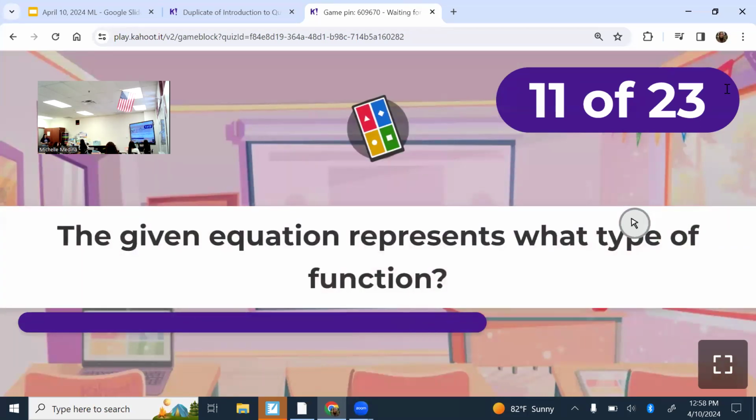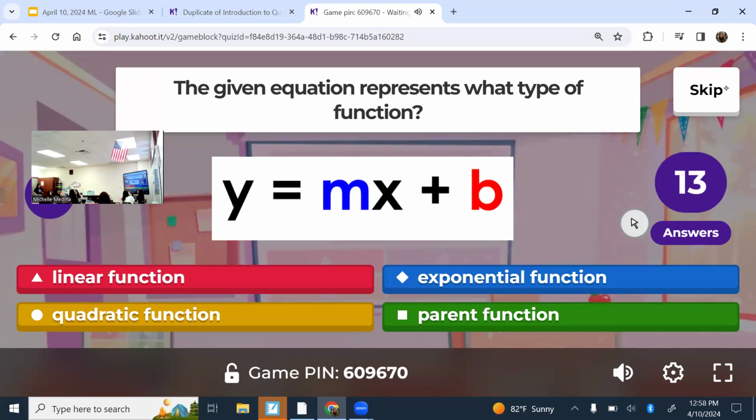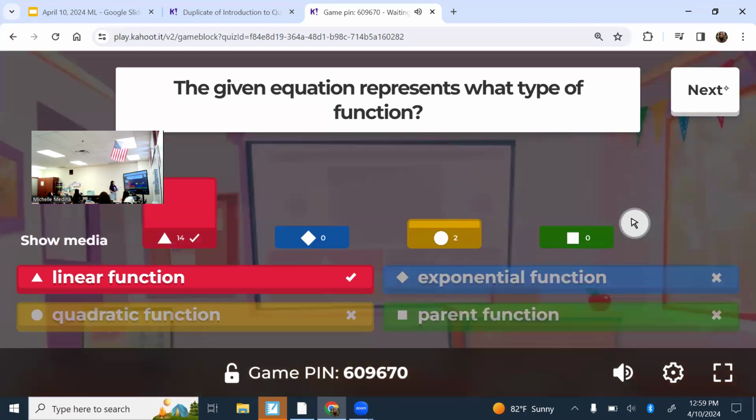Okay, the given equation represents what type of function? Okay, linear. That was an easy one.